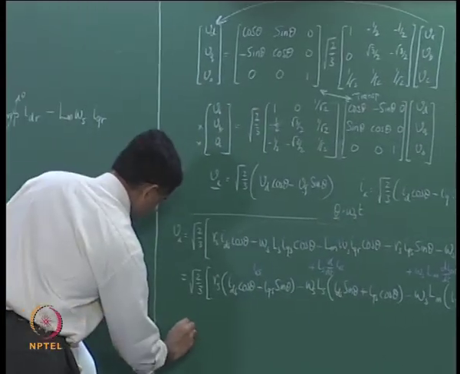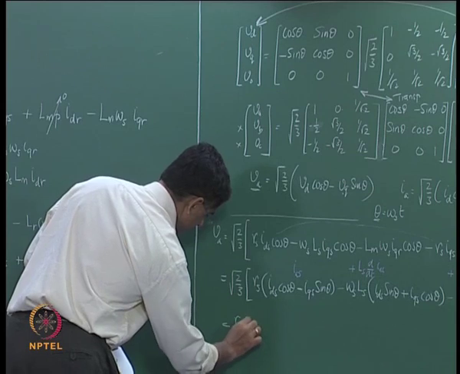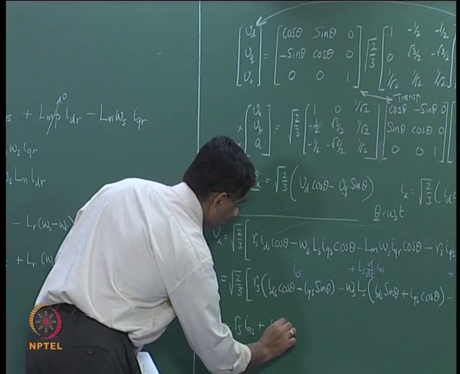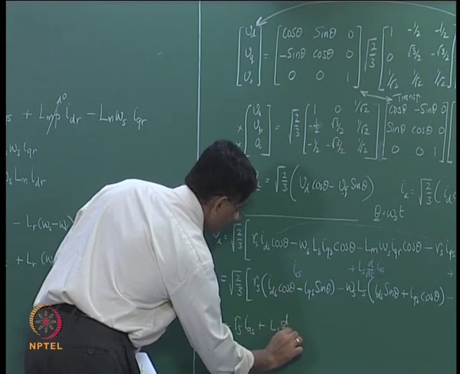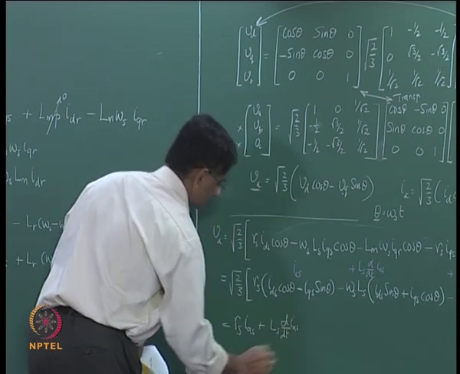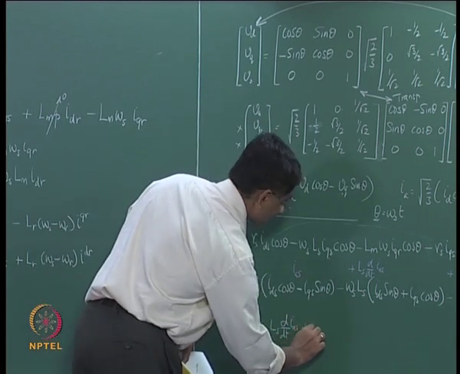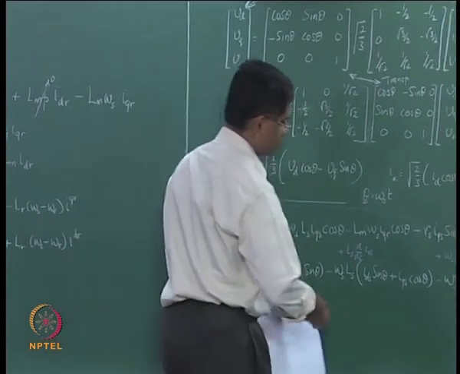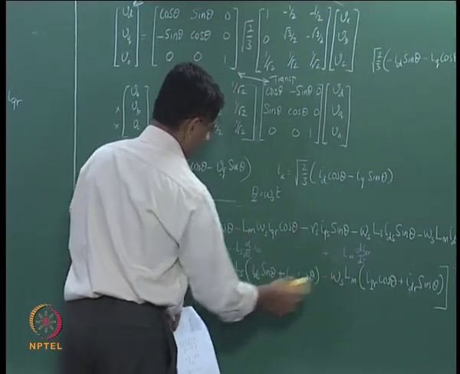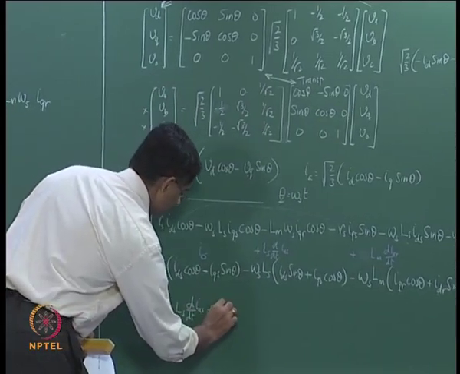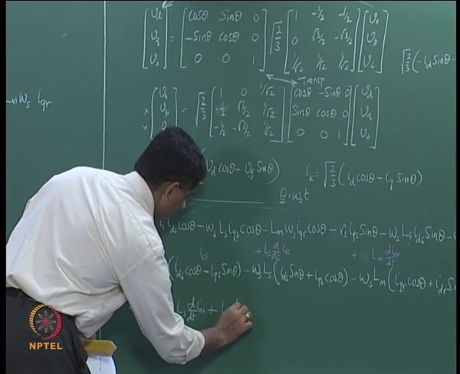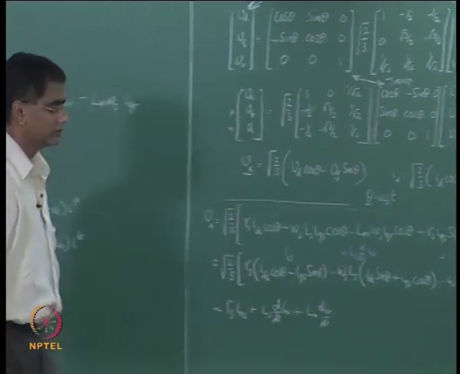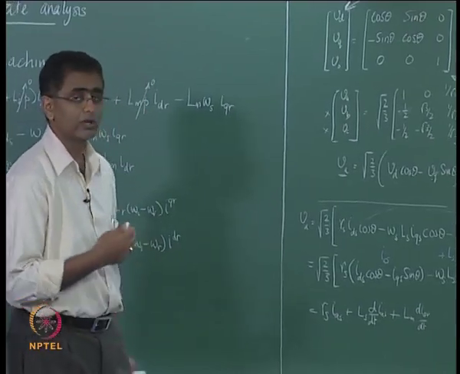So therefore let us write that down, RS into IAS plus LS into d by dt of IAS plus, this omega s comes out as a result of multiplying this. So we do not write that explicitly, Lm into diar by dt. So that is what you get. So now let us look at the rotor voltage.